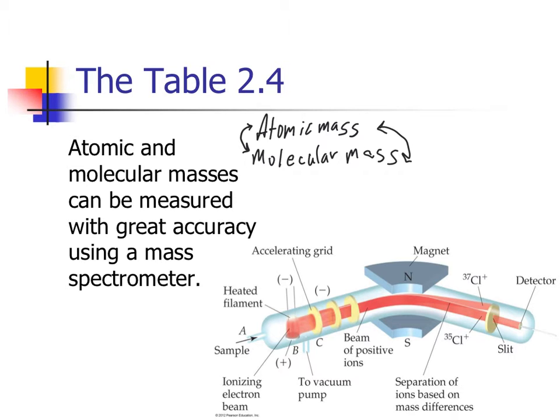That's pretty much where these numbers are coming from. For those of you that go on to bigger and better things, you might actually get to use one of these. It is seen in many colleges and universities. So this is where all those numbers are coming from, and that's how they know.